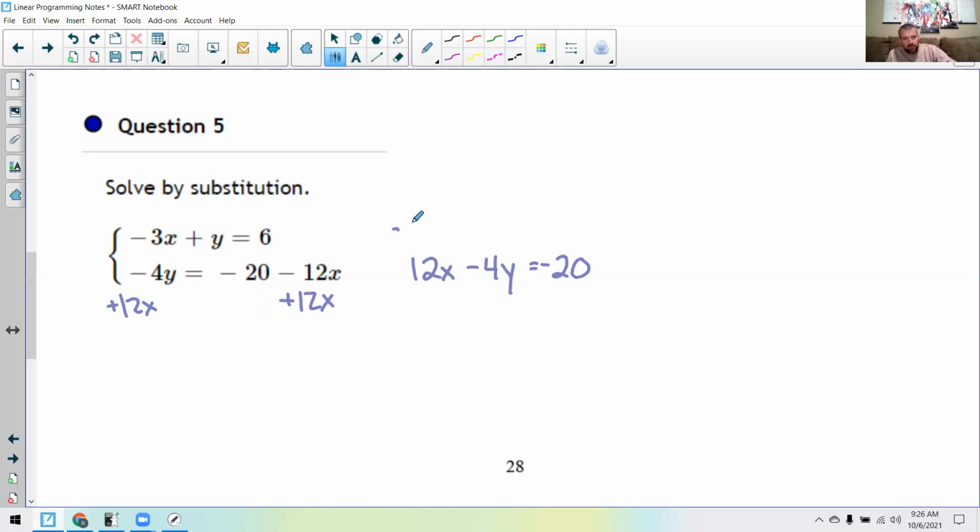And the top equation would be -3x plus y equals 6. Now I have them both in standard form. I can use the elimination method or the addition method. So it's really up to you.